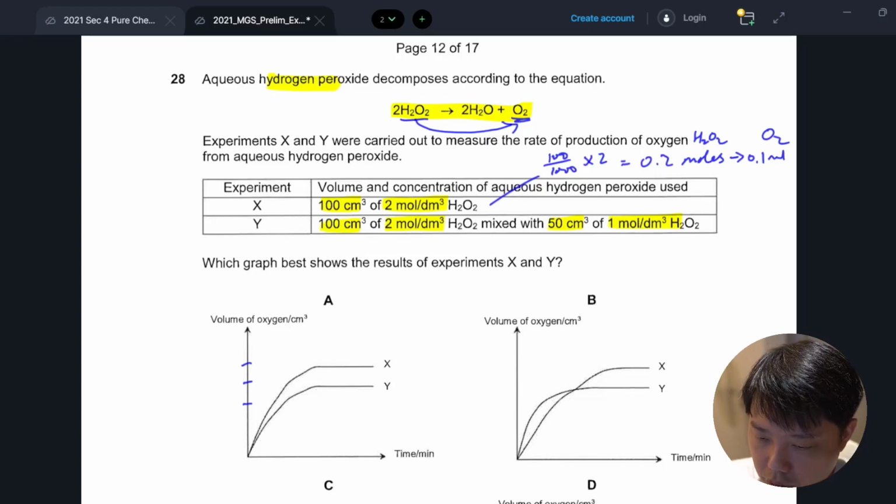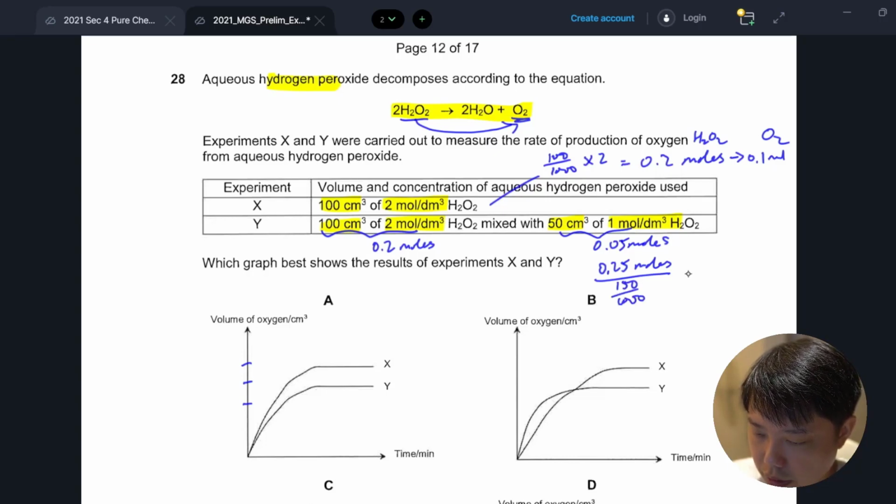For experiment Y, you have half, and 2/3 of it is actually the same. You have 0.2 moles, and here you have 0.05 moles. If you go and do the calculation, together you have 0.25 moles in 150 cm cube.